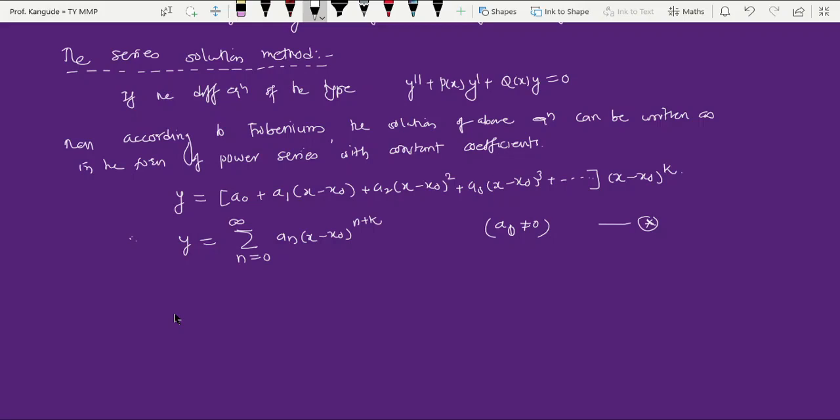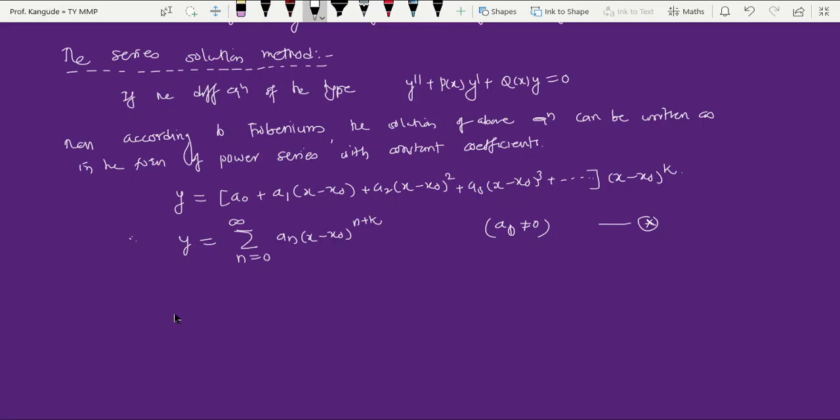This entire power series can be written in the compact form y is equal to the summation over n equal to 0 to infinity of an times (x minus x0) raised to n plus k. If n is equal to 0 I get the first term, if n is equal to 1 I get the second term, if n is equal to 2 I get the third term, and likewise. The factor (x minus x0) raised to k is there because of this k. So this is called a power series.